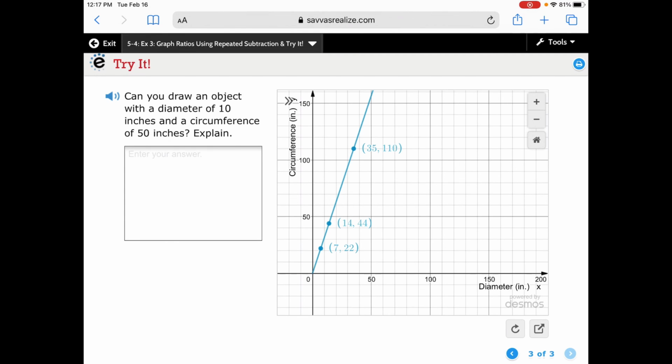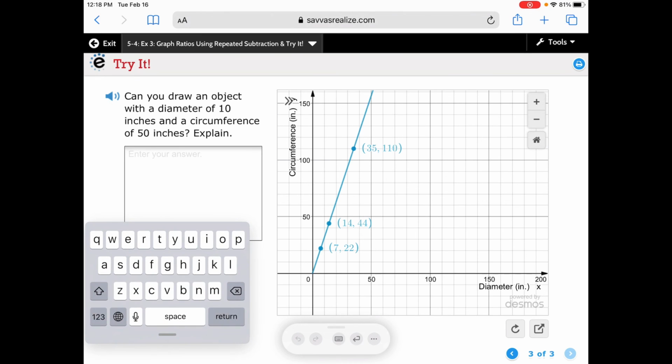It says, can you draw an object with a diameter of 10 inches and a circumference of 50 inches? All right, so if you look, 10 inches, which means that we would have to multiply the diameter by something to get 10, and it's not going to be the case. We're not going to be able to do that.